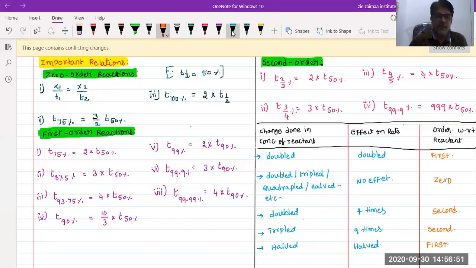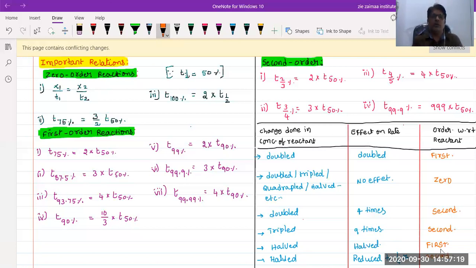Means suppose you take the same component, but the rate is reduced to 1 by 4, beta. The rate is reduced to 1 by 4. Then this belongs to second order, and so on.